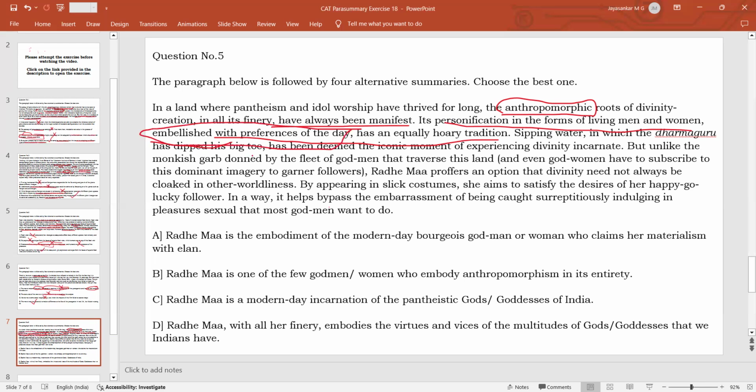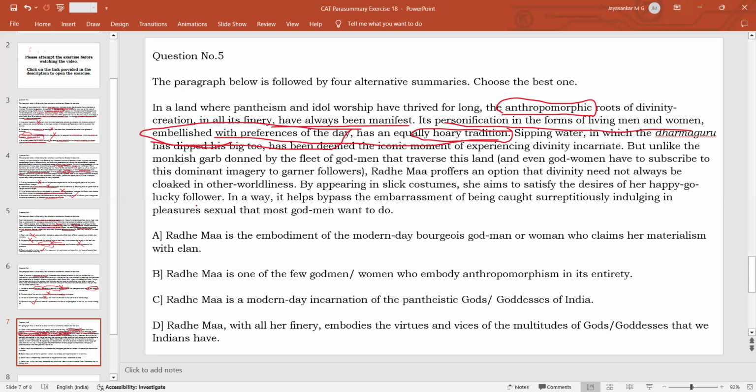They will project themselves in that fashion, and this has been going on for a long time. Just like idol worship, pantheism and anthropomorphic divinity have been going on in this land for a long time, godmen and god women pretending to be representatives of God, embellished with whatever things are fashionable during that day, also have a long tradition.